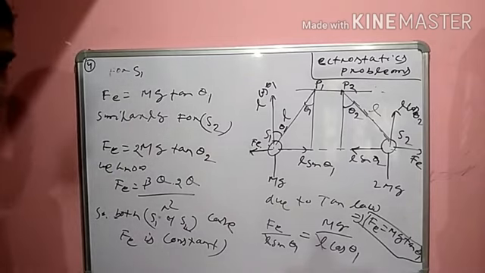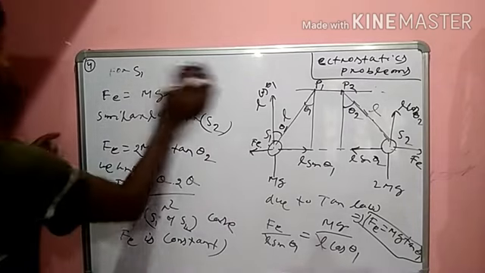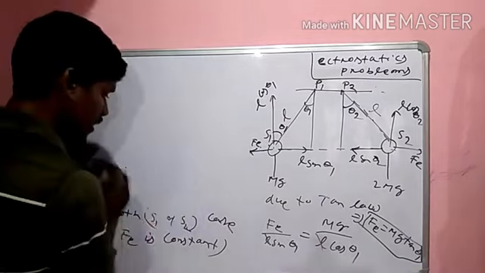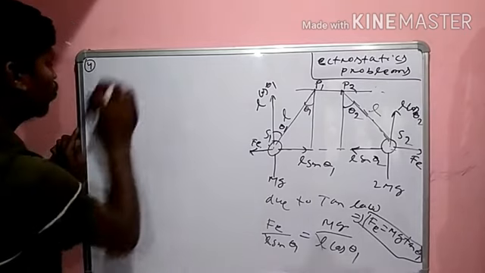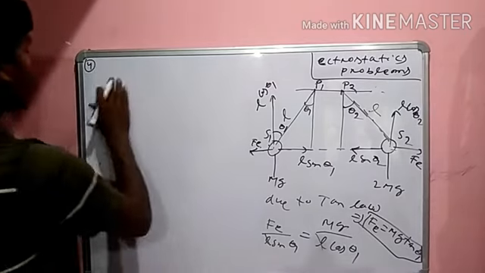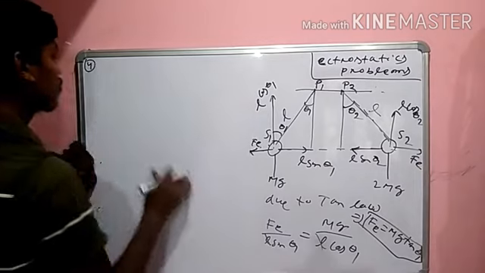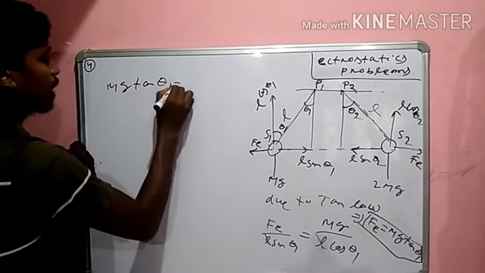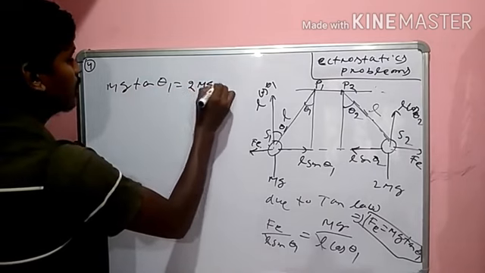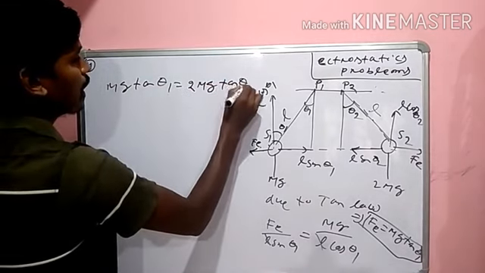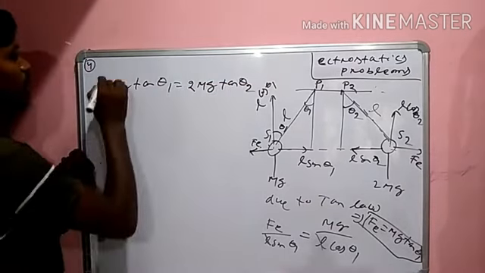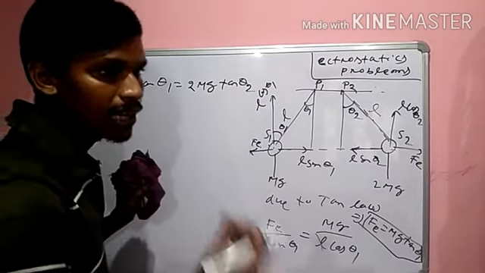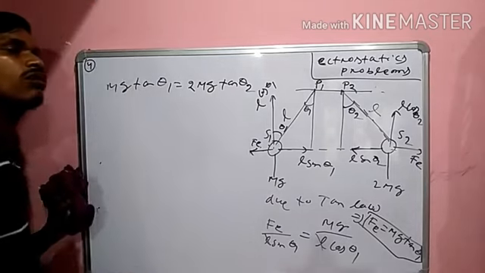So that's why you can write, the two LHS are equal, we can write the two RHS are equal. mg tan theta 1 is equal to 2mg tan theta 2. Yes or no? Because if LHS is equal to LHS, then RHS must be equal to RHS.